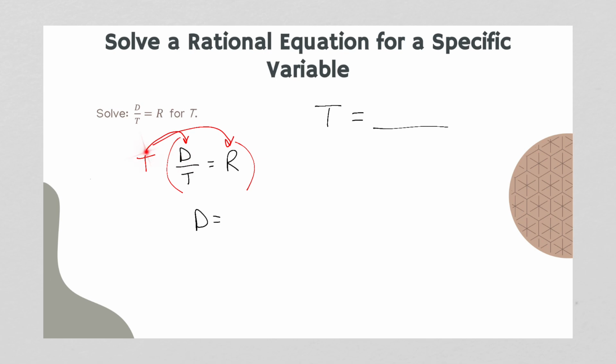And whenever I multiply t times r, I get tr. And then if I want the t all by itself, notice it's multiplying the r, I would divide by r. So those go away, and I'm left with t is equal to distance over rate. That is it for this problem.